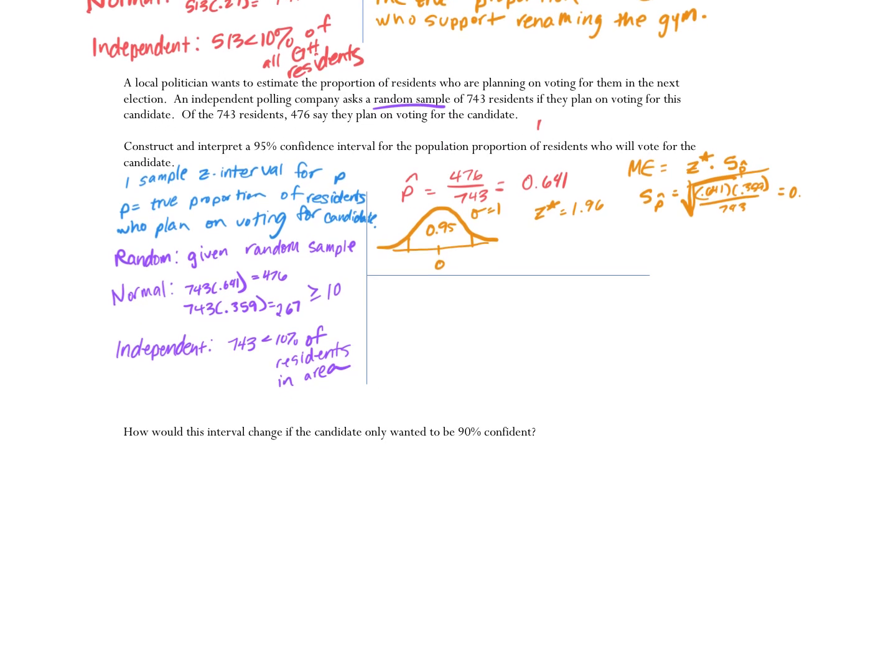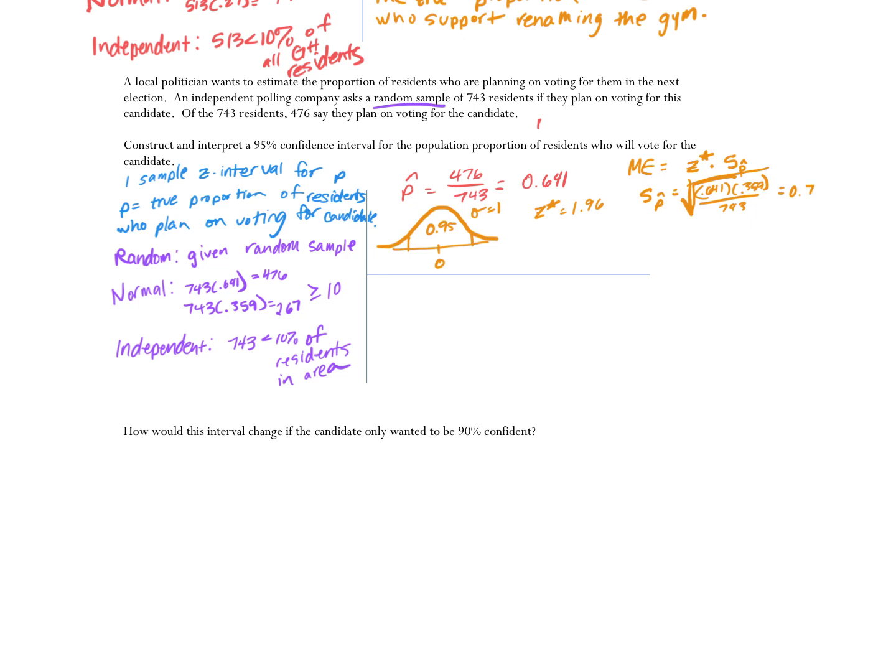I got 0.0176, which would be 0.018. We'll do it that way. So our interval is going to be the 0.641 plus or minus 1.96 times that 0.018. Is this feeling familiar?